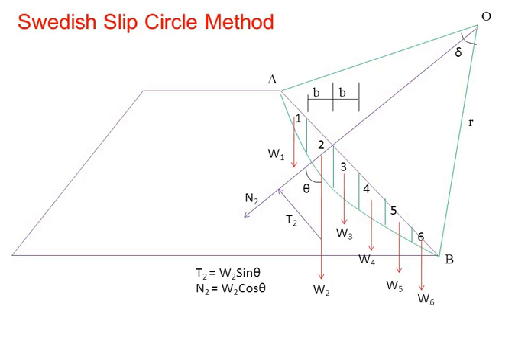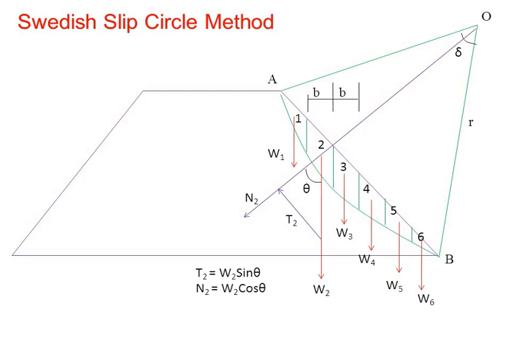For each of the segments, the weight of the soil mass in the segment is determined. Let they be W1, W2, W3, etc. for slice numbers 1, 2, 3, etc. From the weight of each slice, a normal and tangential component is determined.